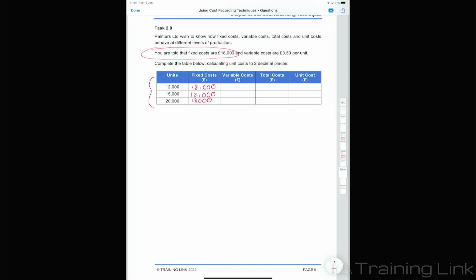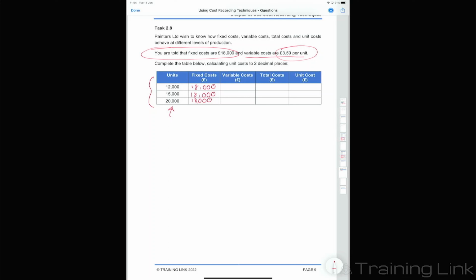Okay, we know that that's the same for each level of output. However, what we do know is that variable costs are £3.50 per unit. So we're going to have to multiply the per unit cost by the amount of units that have been produced. And that will give us our total variable costs.